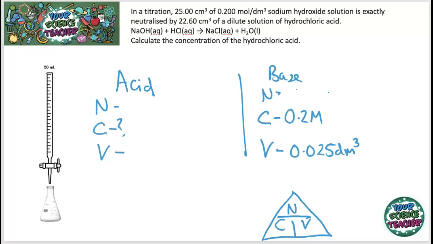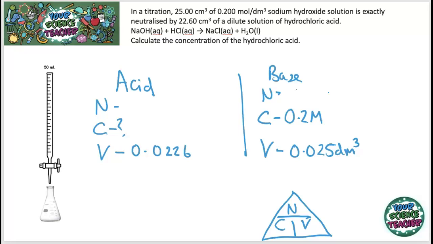Now I can also put in the volume of acid because that has been given in the question. I have 22.6 centimeters cubed, which can be written in decimeters as well, 0.0226.